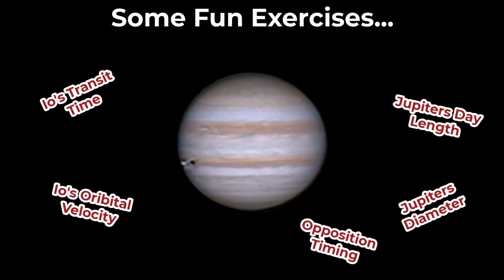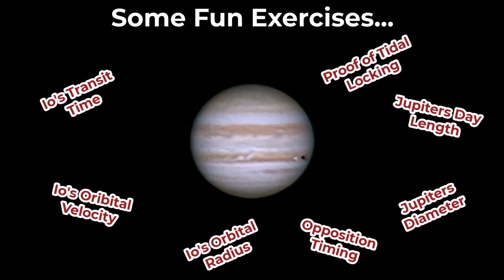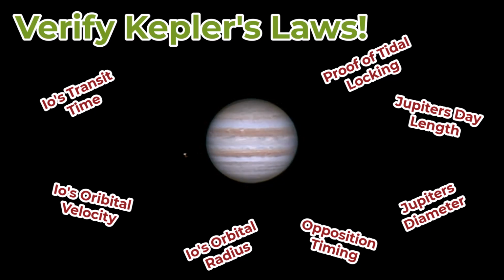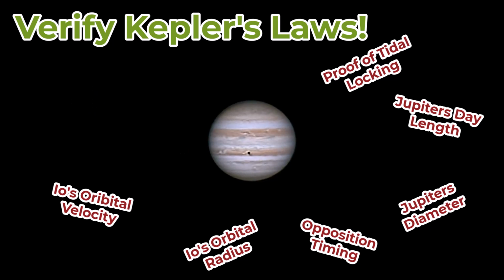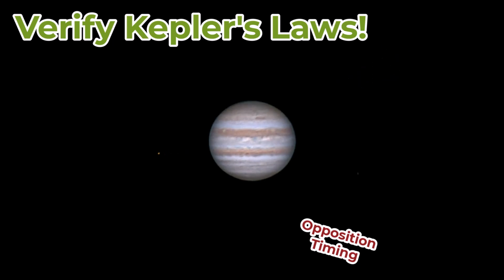And you combine all this with what we do know about Jupiter, and we can even verify Kepler's laws of planetary motion. Who knew that a series of 5-minute intervals could unlock so many scientific secrets? And I just think this is fascinating.